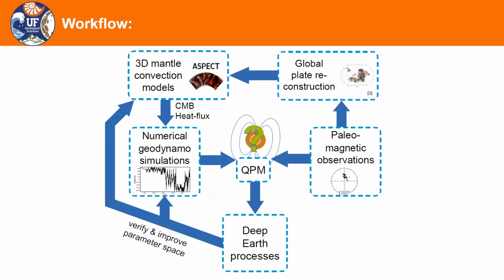So looking at our workflow, I'm also not a graphic designer, but it shows really well the kind of circle that we are going from data back to data. So we are starting with paleomagnetic observations. First, these are being used to get our global plate reconstructions that then drive our 3D mantle convection models, which link what's happening at the surface with what we can see at the core mantle boundary.